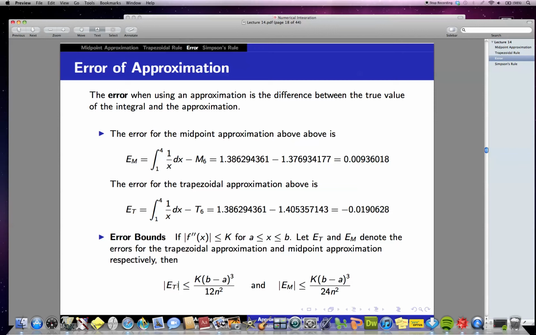The absolute value of the error for the trapezoidal approximation is always less than or equal to k times the length of the interval cubed over 12n squared, and the absolute value of the error for the midpoint approximation for n approximating rectangles has to stay below k times the length of the interval cubed over 24 n squared.